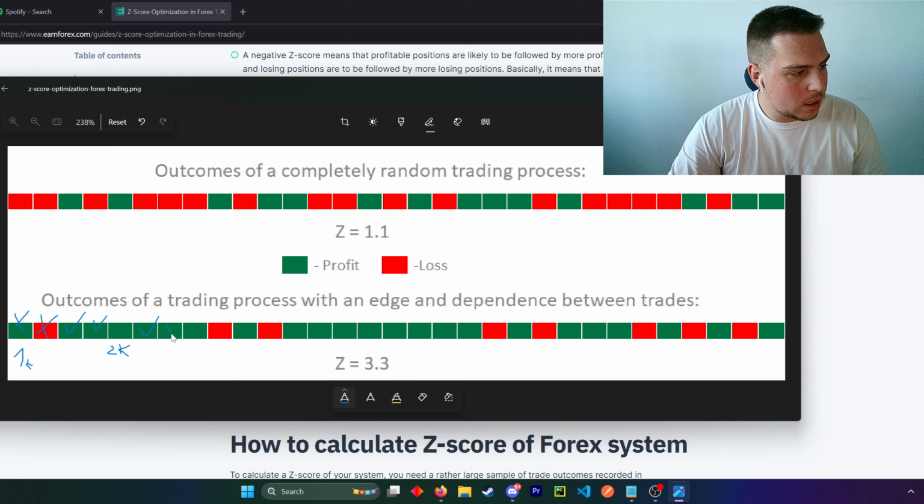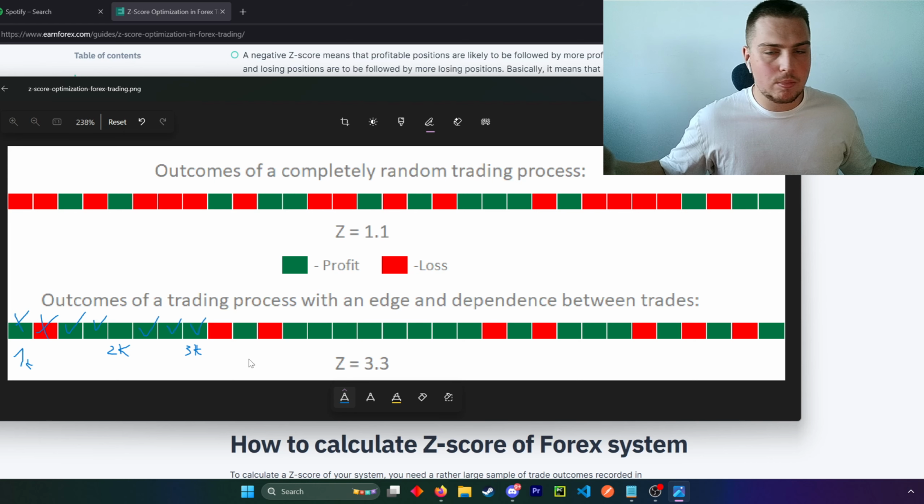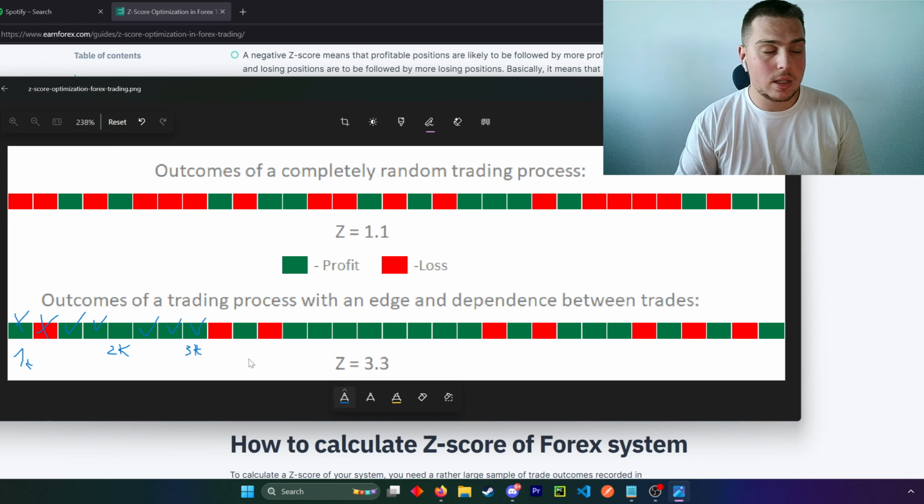Okay, so then you win again, win again, win again, and now you want to put it up to 3K because you're in the money, you're winning. So next win, you're gonna win even bigger with more capital, right?